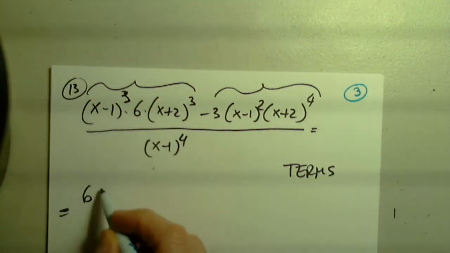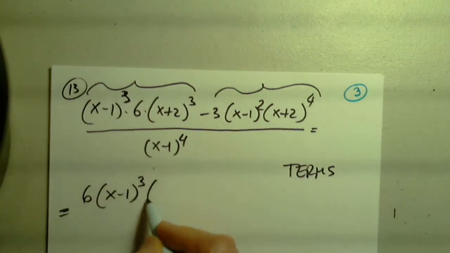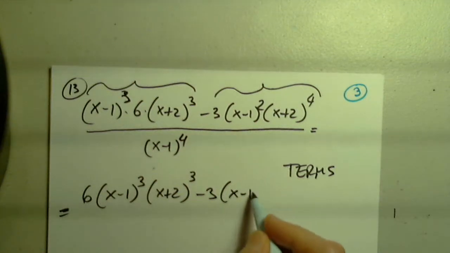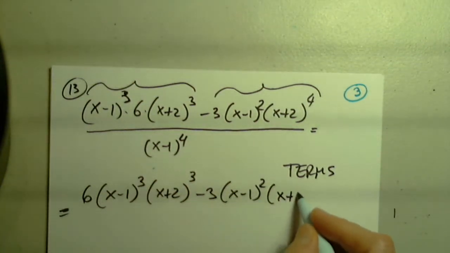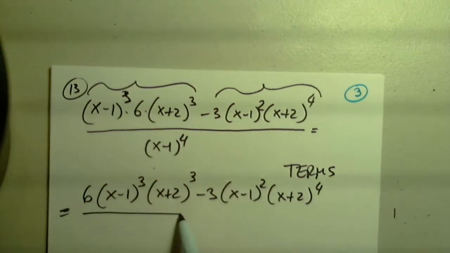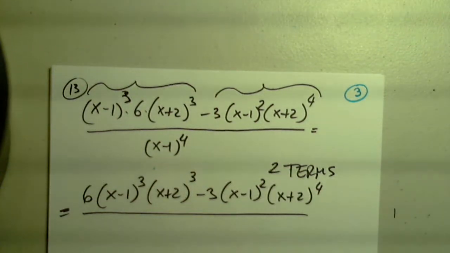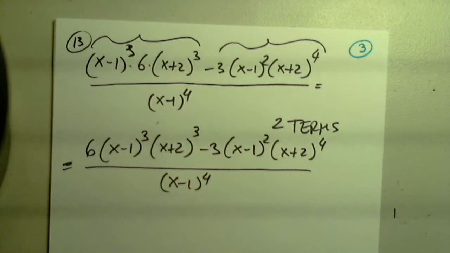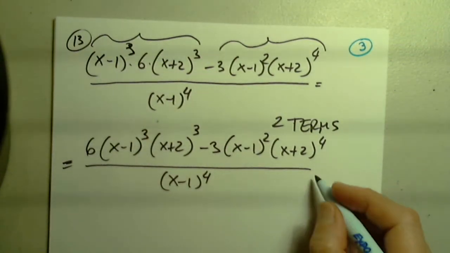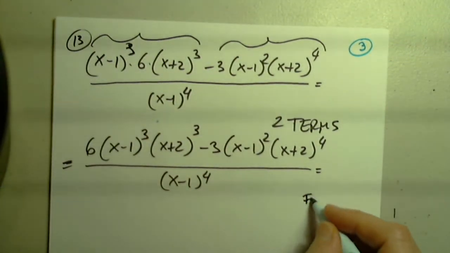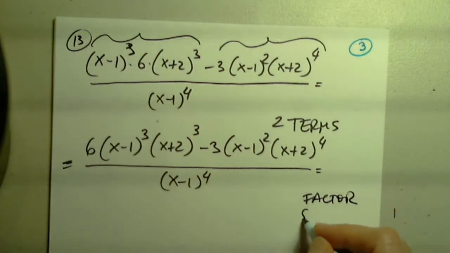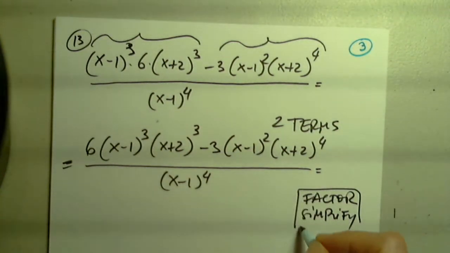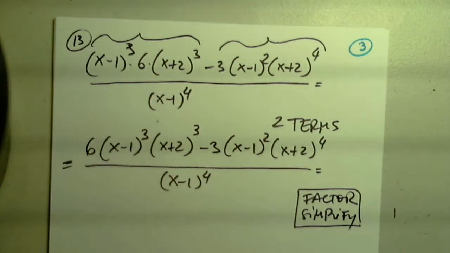I'm going to rearrange this as 6 (x minus 1) to the third (x plus 2) to the third, minus 3 (x minus 1) squared (x plus 2) to the fourth, 2 terms, and (x minus 1) to the fourth. I would like you to remember 2 things from me from the very beginning: factor and simplify. So please have these in the back of your mind already.